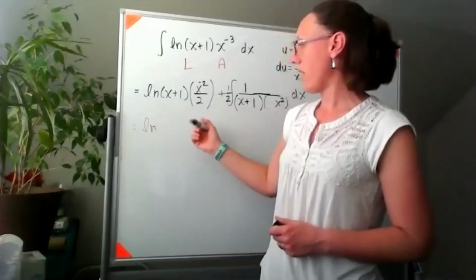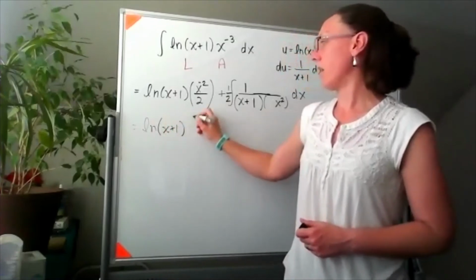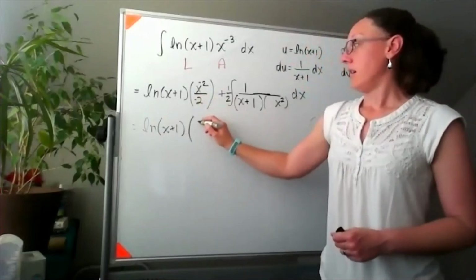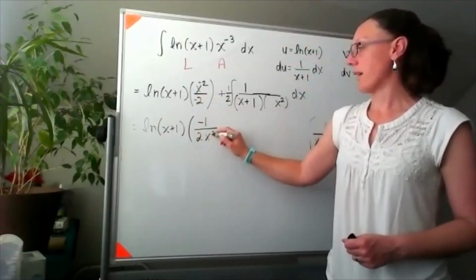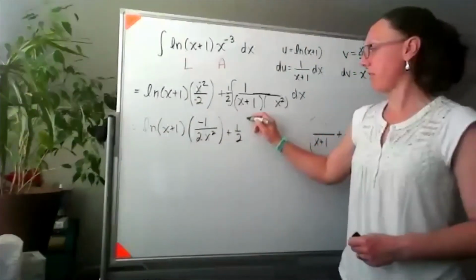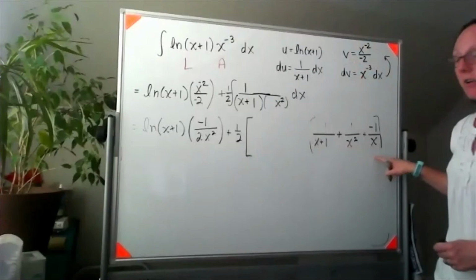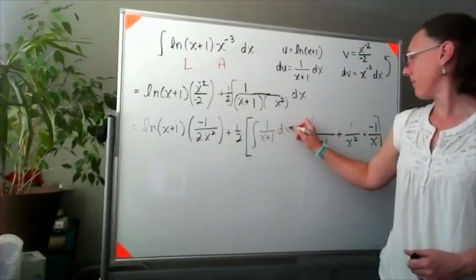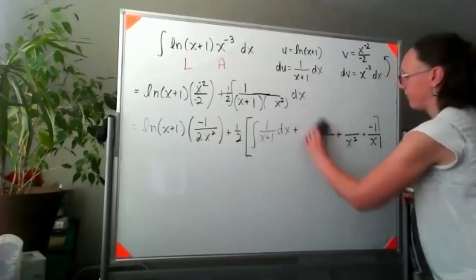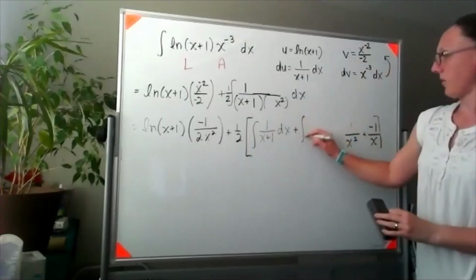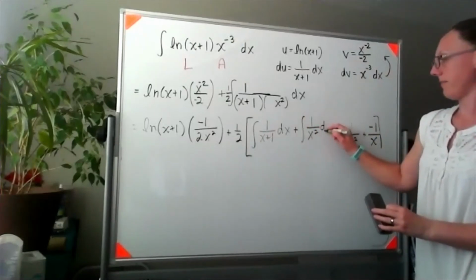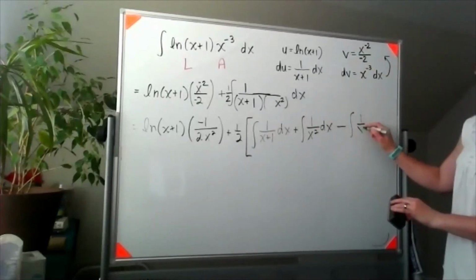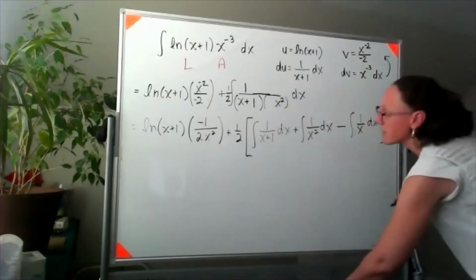So we've got natural log of x plus 1 times, I lost a negative on that, -1 over 2x squared plus 1/2, and then we're going to have 3 separate integrals here. So the integral of 1 over x plus 1 plus the integral of 1 over x squared minus the integral of 1 over x dx.